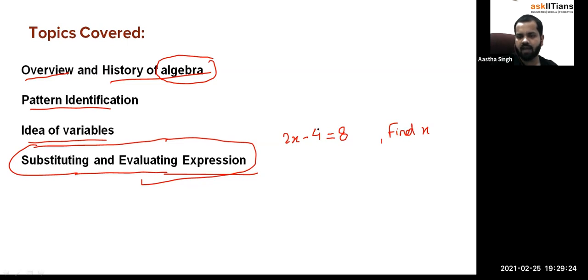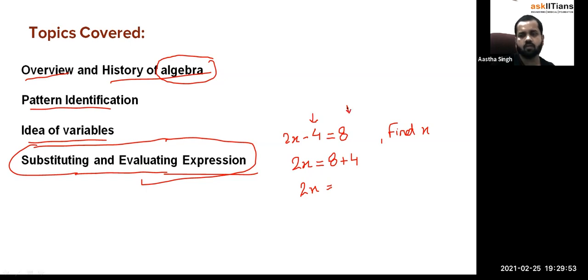Your minus 4 will go to your RHS side, then it will become plus 4. So 2x will be equal to 8 plus 4. Whenever we take any sign to another side, its sign changes. If there is minus and it goes to another side, then it will become plus.